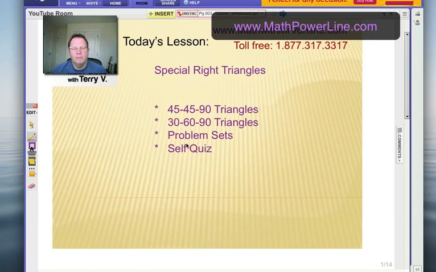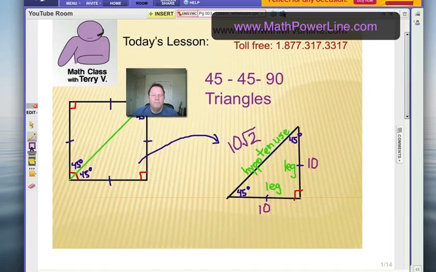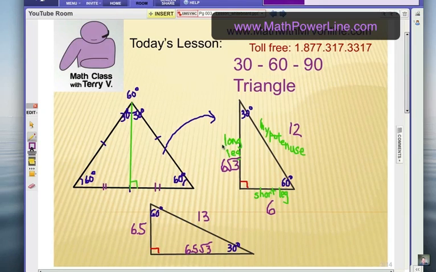Getting into a problem set where you get to practice what you know about 30, 60, 90 right triangles. Now, when we look at that kind of a triangle, remember it comes from an equilateral triangle, and we talked about how the short leg, if we double the short leg, it becomes the hypotenuse, just because of coming from that kind of a triangle there.